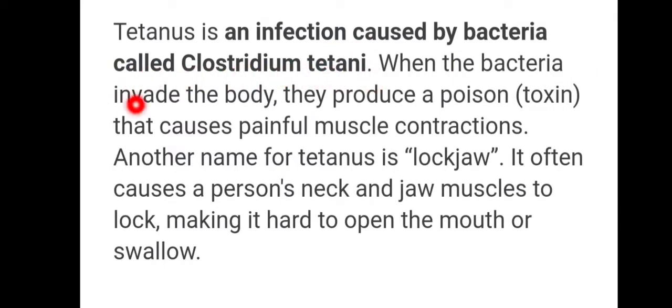Okay, when the bacteria invade our body, the bacteria will produce a poison or toxin that causes painful muscle contraction. So another name for the tetanus is lockjaw. Okay, kenapa lockjaw? Ya, selalunya dia causes person neck and jaw muscles to lock, making it hard to open the mouth or swallow. Okay, so itu adalah tetanus.